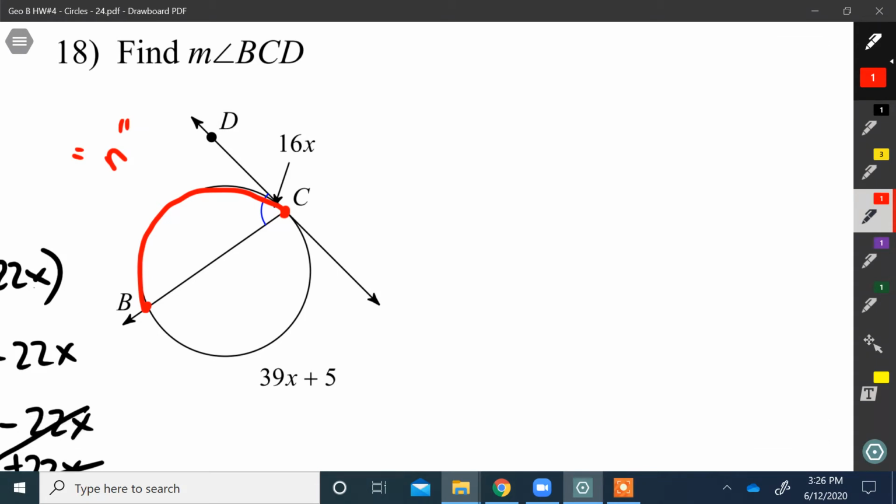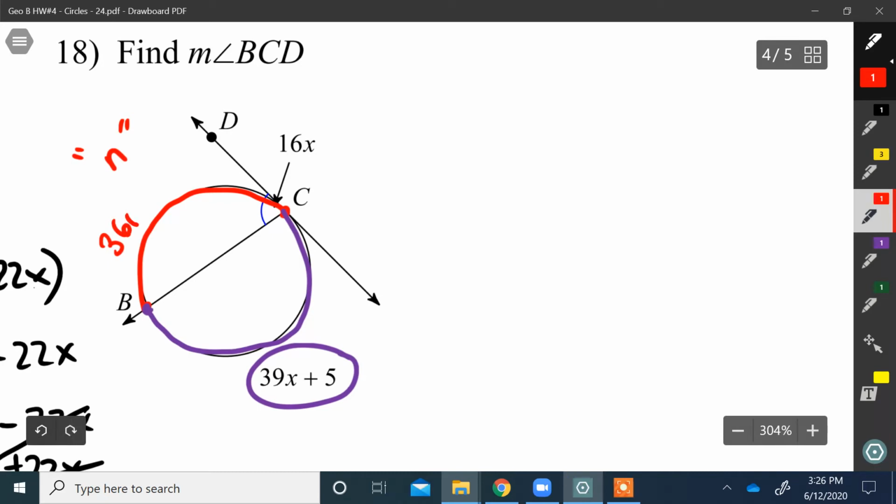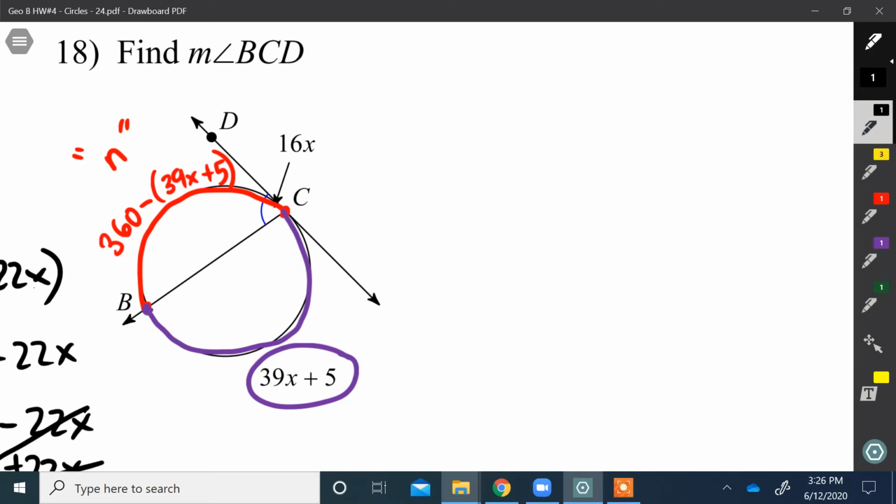Well, the whole circle is 360. That red portion should be 360 minus 39x plus 5, and you are going to plug that into the formula.